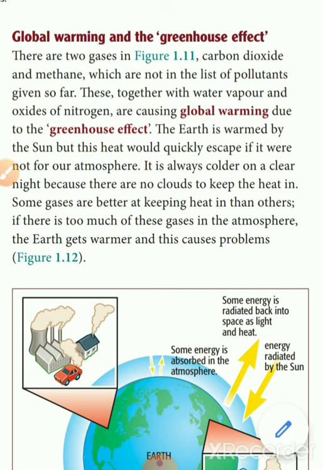So we would say that global warming is the phenomenon responsible for keeping the heat rays within the earth and not letting them go outside. Now there are many gases responsible. Remember that there is a gas called carbon dioxide.